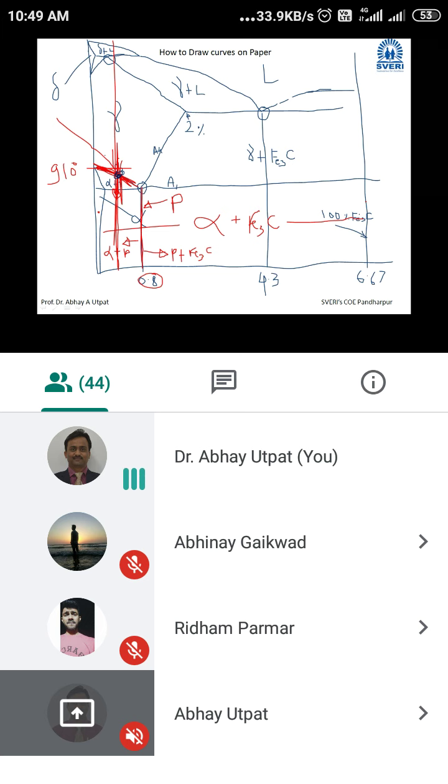If your percentage of carbon is less, suppose 0.2, this is your border. If your percentage of carbon is more, this is your border. And if your percentage of carbon is 0.8, A1 equals A3. I repeat once again, at 0.8 percentage of carbon, A1 equals A3.